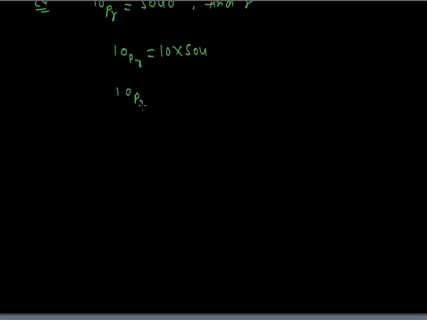Now 504 we can write as 9 into 8 into 7. So according to the formula, 10 factorial upon 10 minus r factorial is equal to 10 into 9 into 8 into 7.